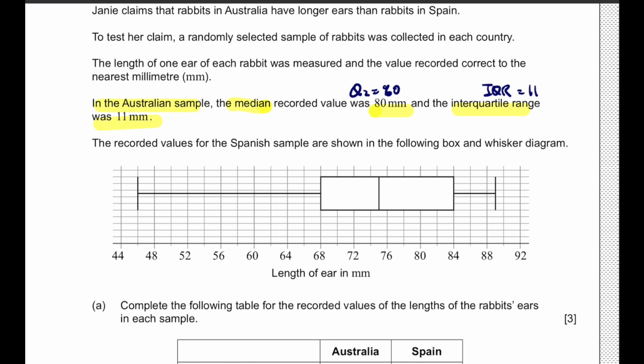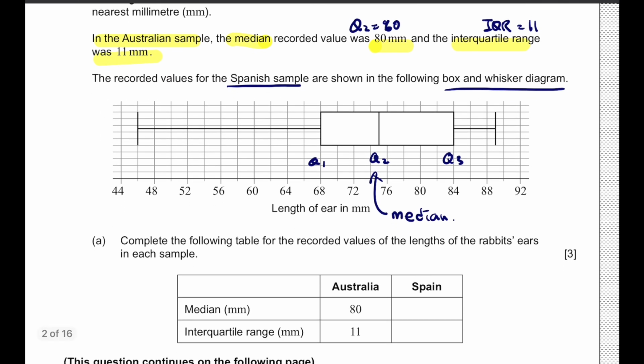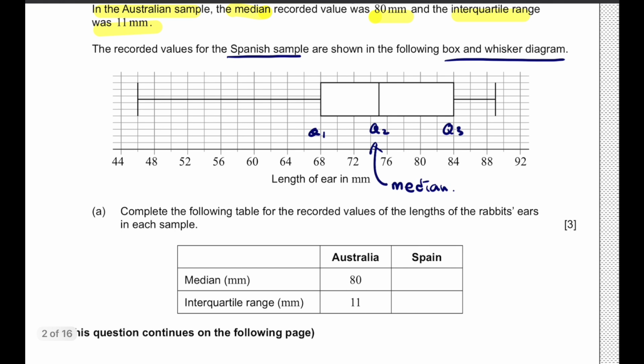Okay, so the next information that we have is a Spanish sample that is shown in the box and whiskers diagram. That means this is Q1, this line is Q2, this line is Q3, and Q2 is our median value, right? So for question A, we have to complete the table here for the recorded values of the length of the rabbit's ear in each sample.